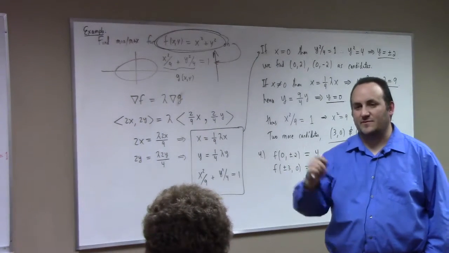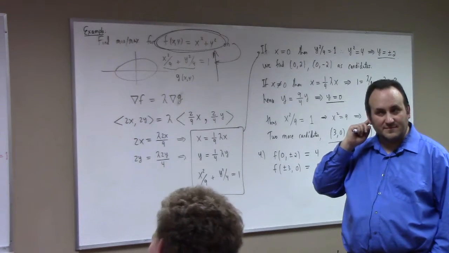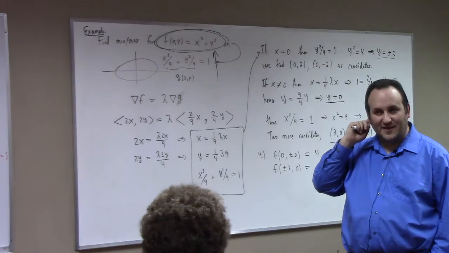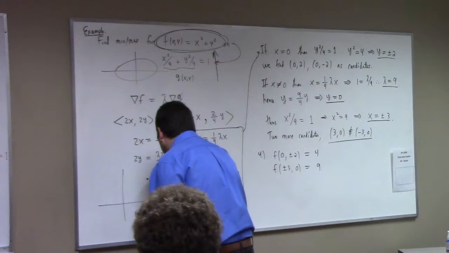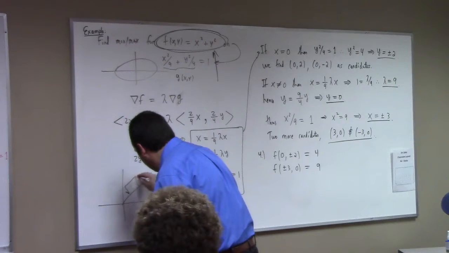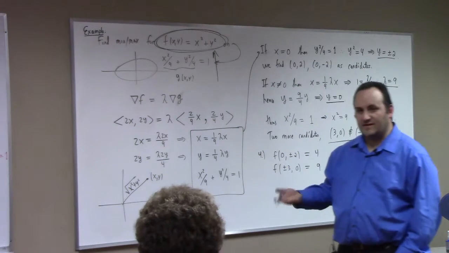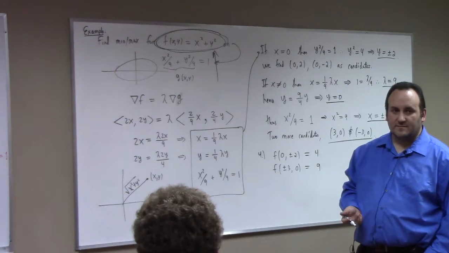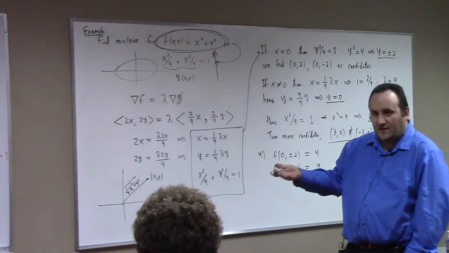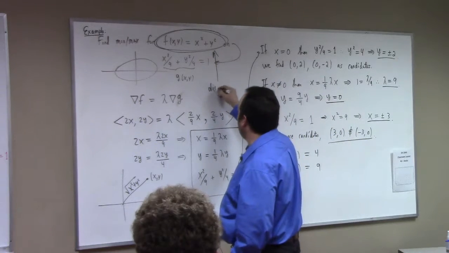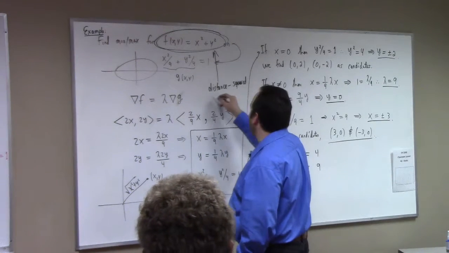I give you the square root of x squared plus y squared. What is that? That's the distance. What is x squared plus y squared? It's the square of the distance. It's the distance squared function, right? So really, the question we're asking is the distance from the origin, right?